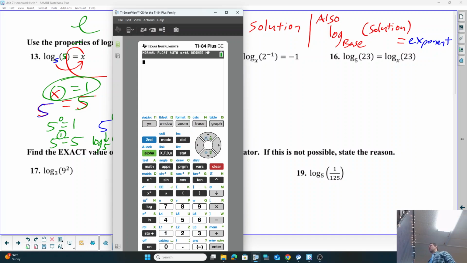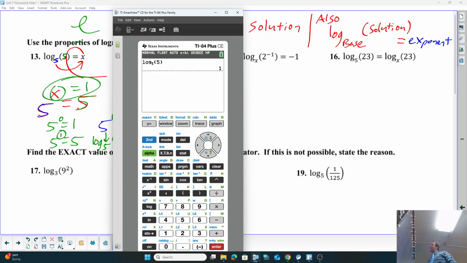To plug this into your calculator, you go to the Math button, then log base. So it's log base 5 of 5, which equals 1, because 5 to the first power is 5.